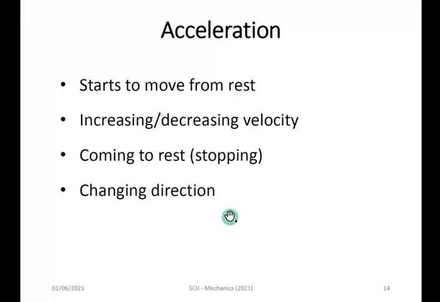It will be like a football. When somebody kicks a football and the goalkeeper punches it, the ball changes direction and we say the ball has accelerated. It need not increase in speed, it need not reduce in speed, but simply changing direction constitutes acceleration.